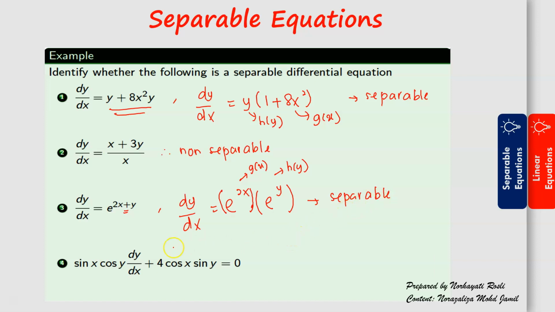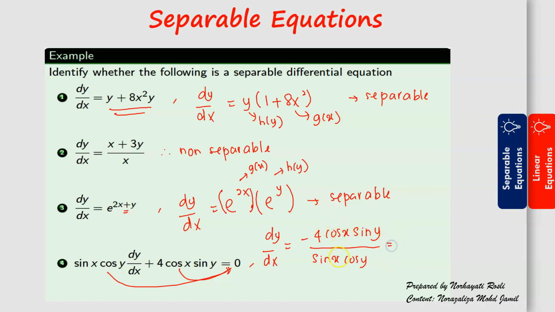And then class, we go to the fourth one, which is sin x cos y dy/dx + 4 cos x sin y = 0. In this case, I can write dy/dx equal to, moving this term to the other side, negative 4 cos x sin y, and then divided by sin x cos y.